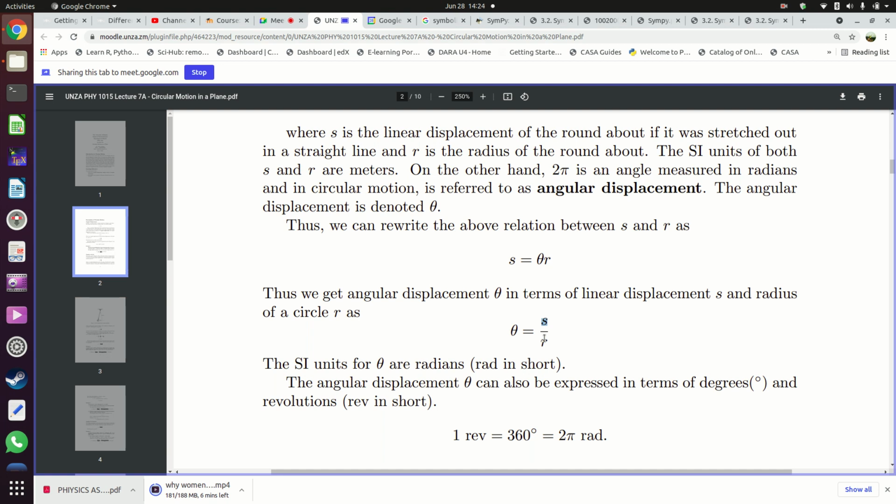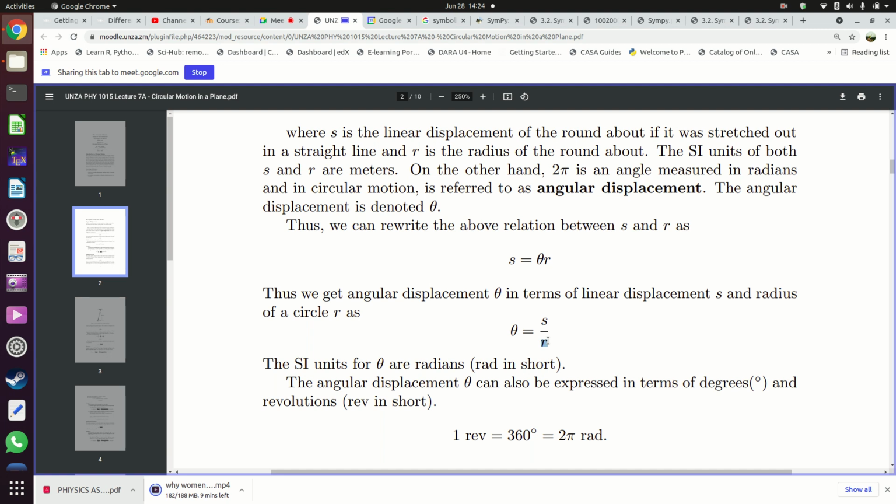It doesn't matter, as long as it's some distance which is part of a circle. So theta is equal to s, where s can be the circumference or the arc length of a circle, divided by the radius of that circle.